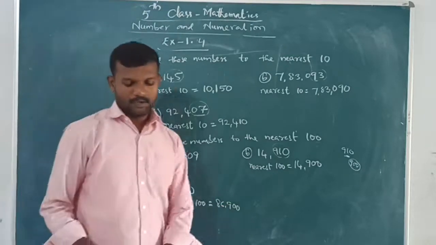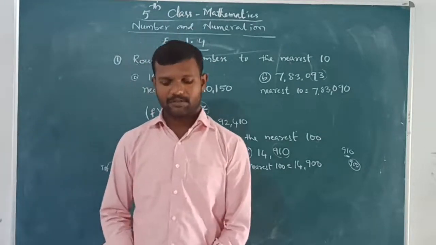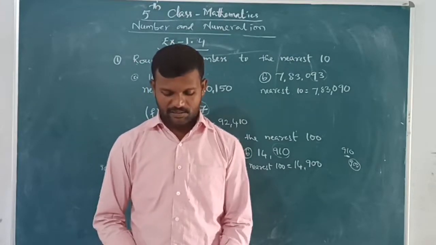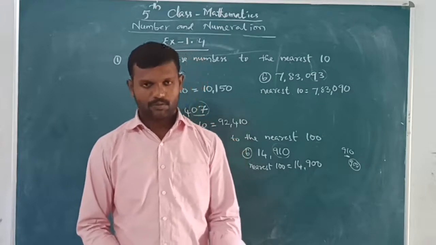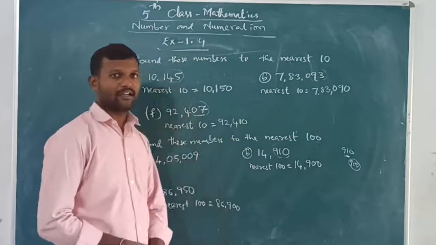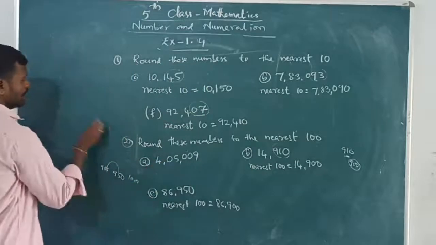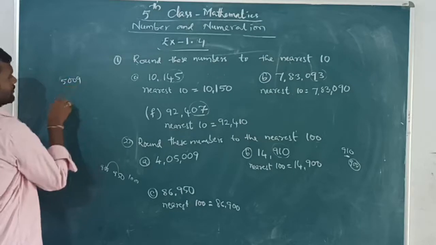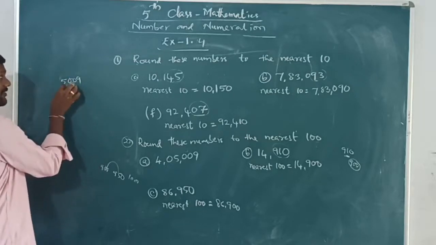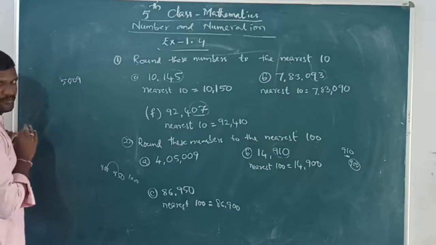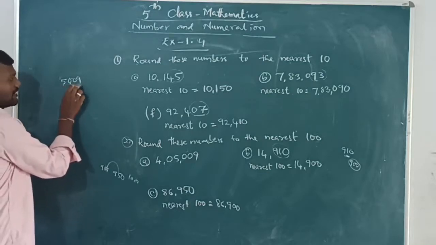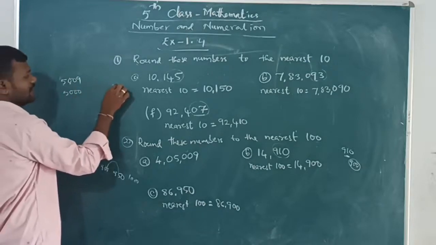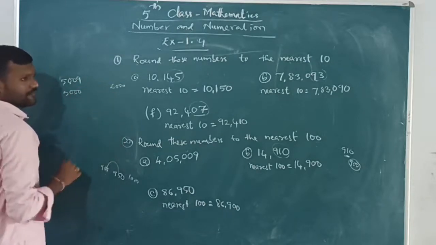Right? Only first problem is another one. What is that first problem? 4 lakhs 5,009. So should take this 5,009. So here there are no hundreds. That's why we are taking thousands place also. 5,009 means it is closer to which one? 5,000 or 6,000? 5,000 only.